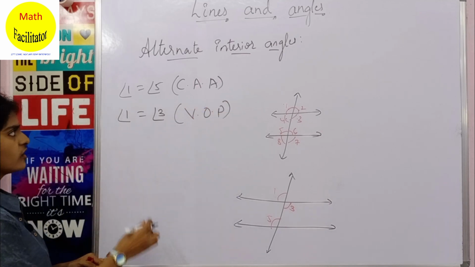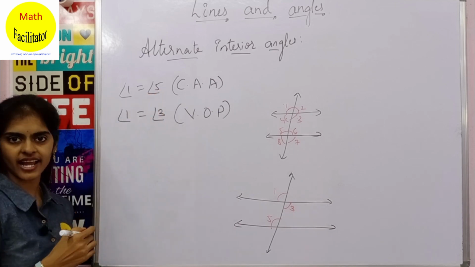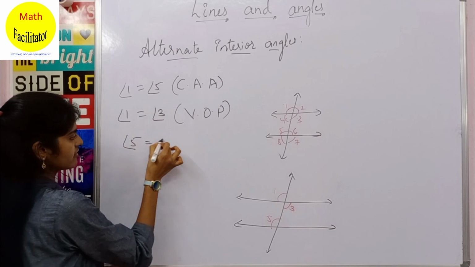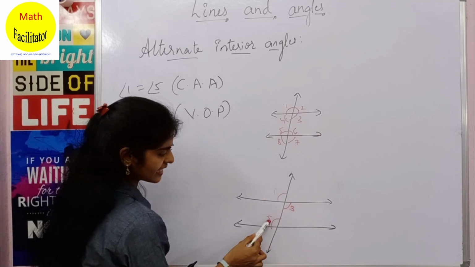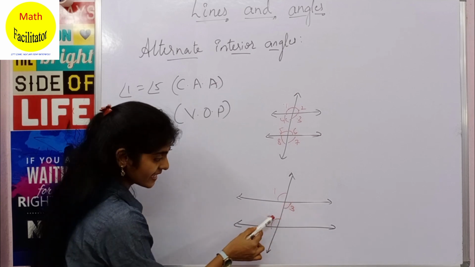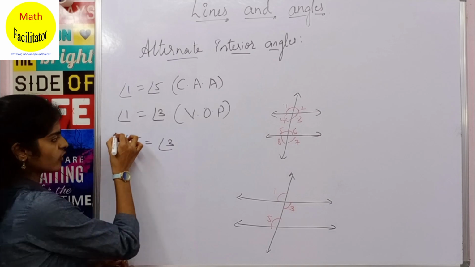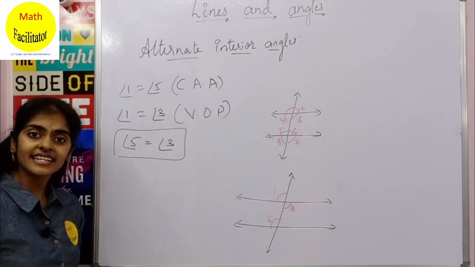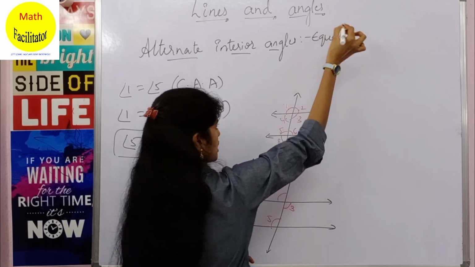By these two conditions, can you say angle 5 is equal to angle 3? So you can write angle 5 equals angle 3. How are angle 5 and angle 3? They are nothing but alternate interior angles. So you have concluded that alternate interior angles are equal.